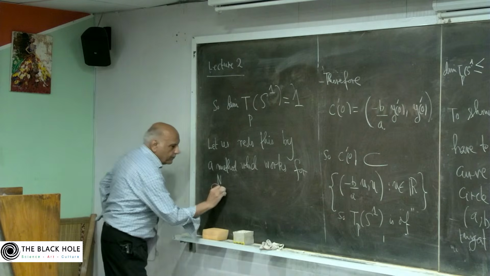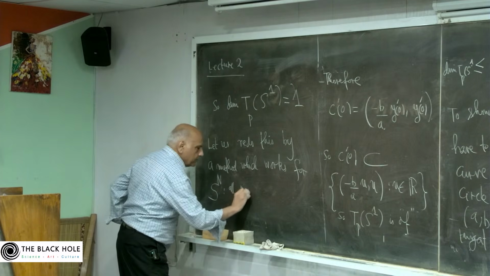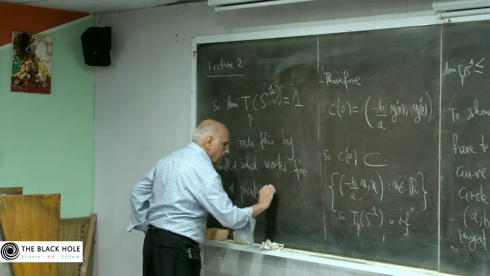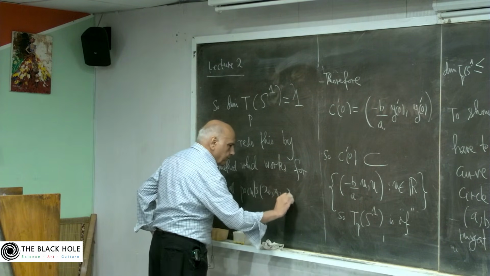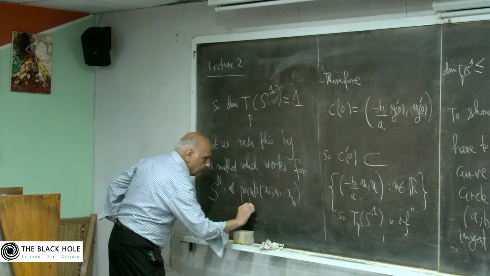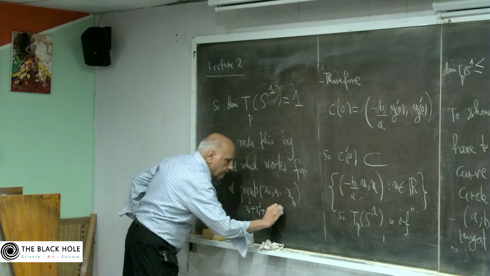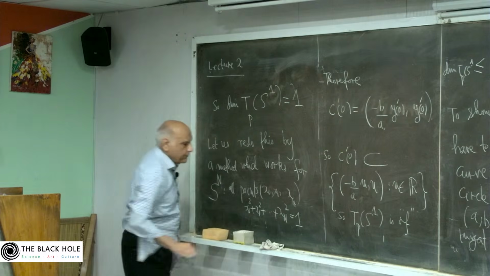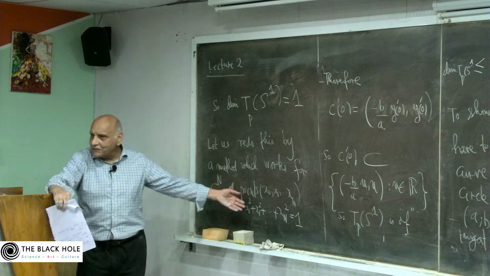This is all points x0, x1, ..., xn so that x0 square plus x1 square plus ... plus xn square is equal to 1. Okay. So, from this equation it is clear that we expect the dimension.